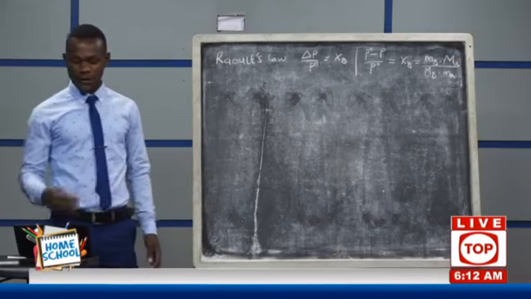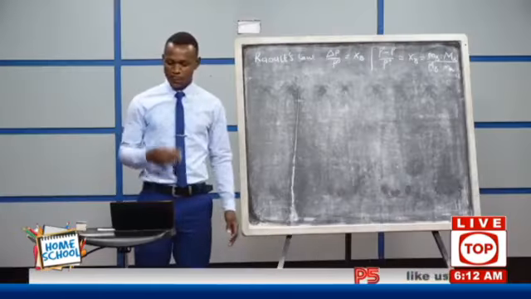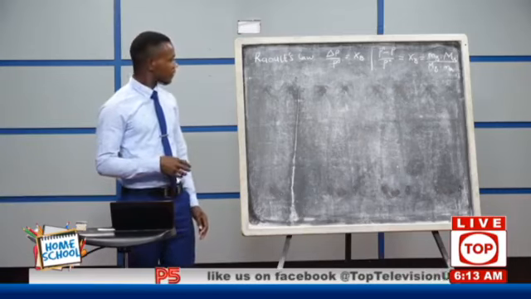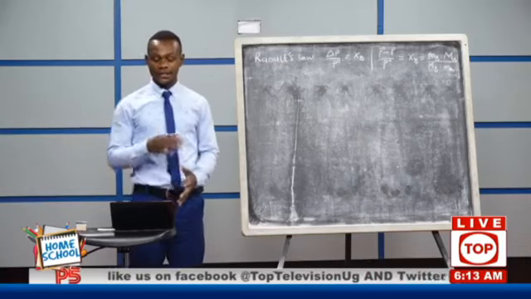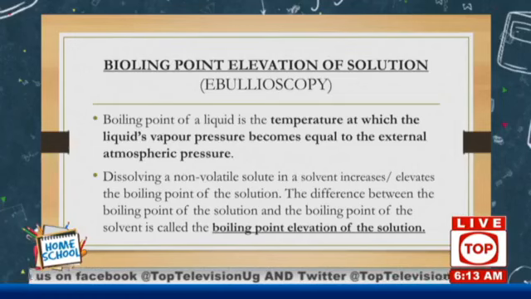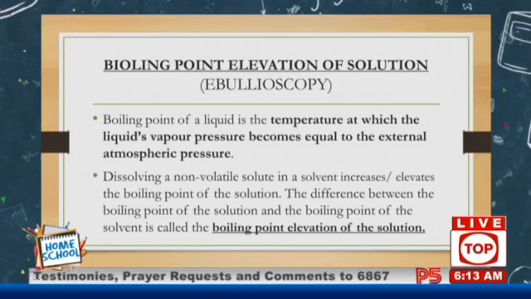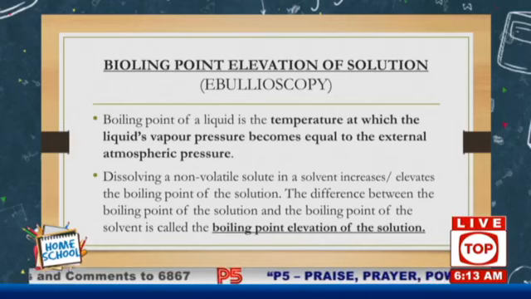So today let us look at what is meant by boiling point of a liquid. The boiling point of a liquid is the temperature at which the liquid's vapor pressure becomes equal to the external atmospheric pressure. That is the boiling point of a liquid.